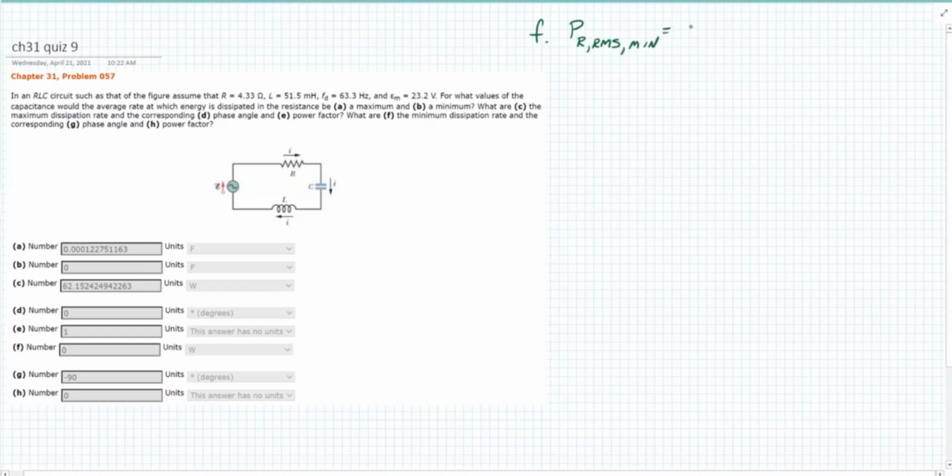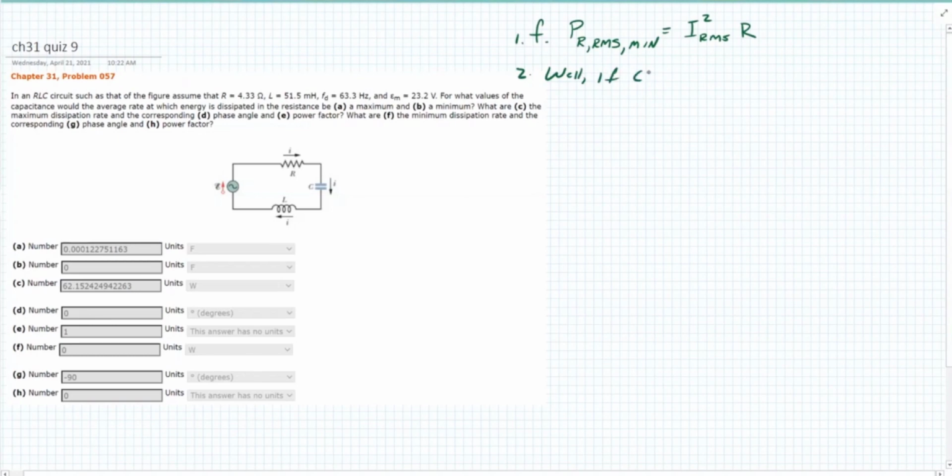Well, it's going to be I RMS squared times R, not Z, but R. If I was going to write down I squared Z, Z is the AC version of impedance, but we're only talking about the power dissipated as it goes through that resistor. So that's why it's I RMS squared R.